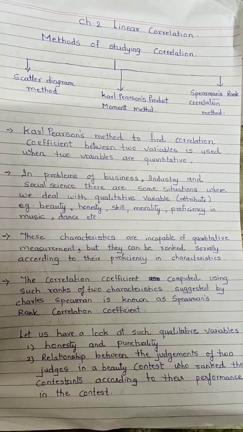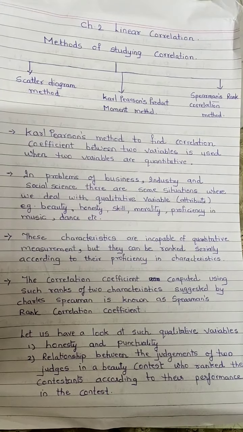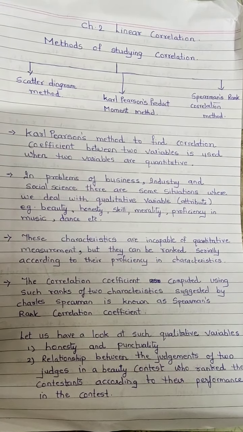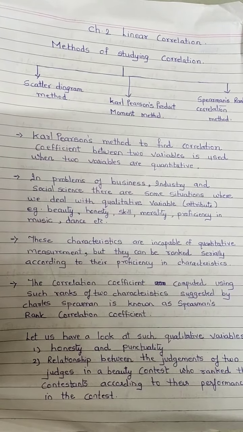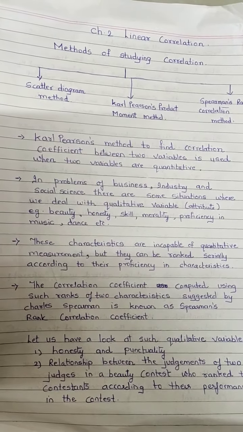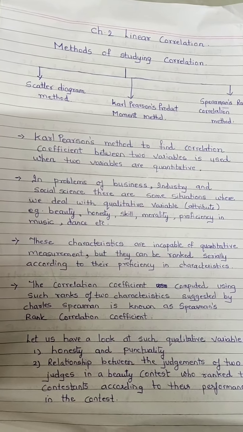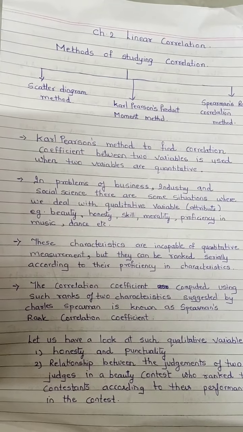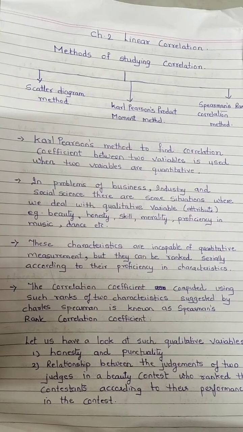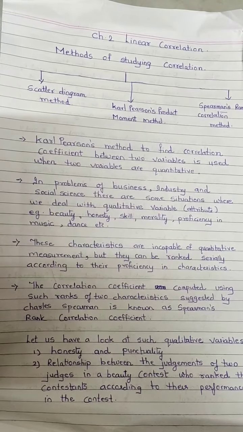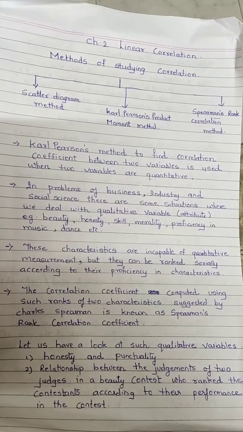They cannot be measured. These characteristics are incapable of quantitative measurement, but they can be ranked serially according to their proficiency in characteristics. The correlation coefficient computed using such ranks of two characteristics, suggested by Charles Spearman, is known as Spearman's rank correlation coefficient.